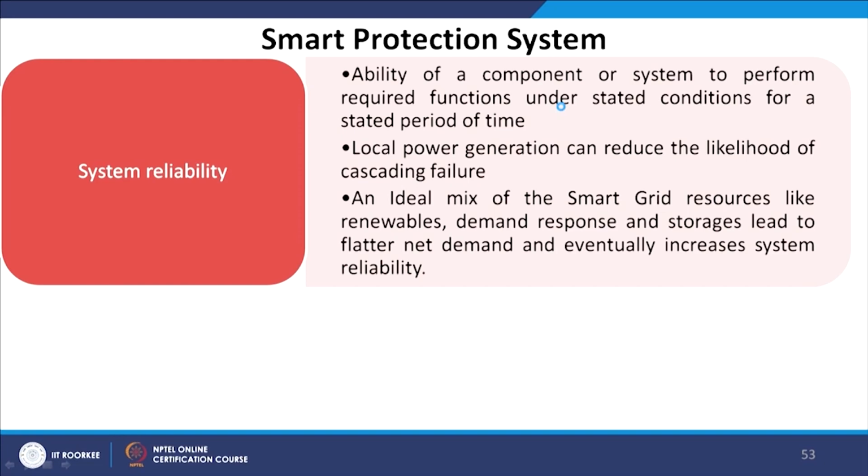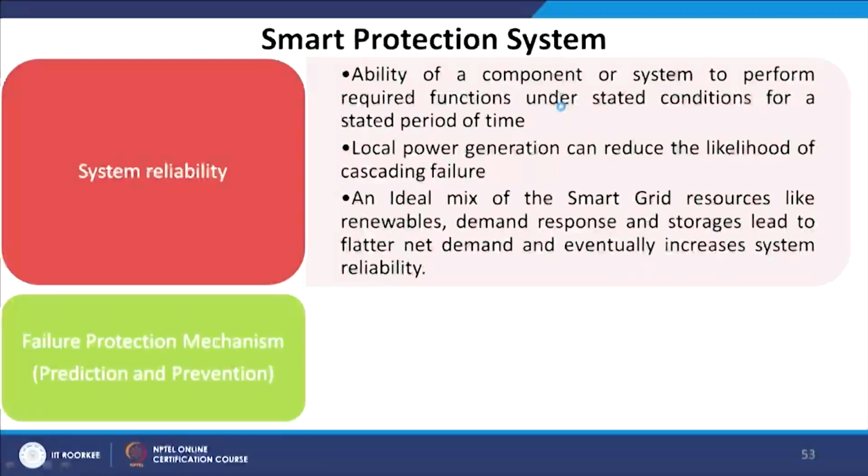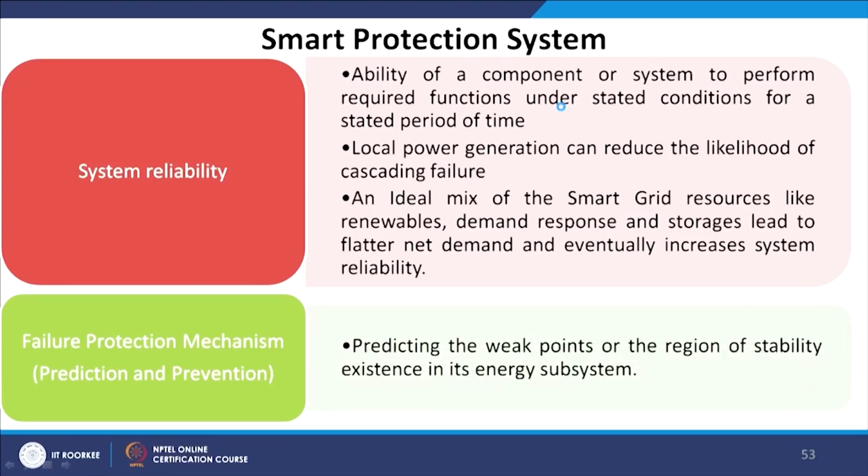An ideal mix of the smart grid resources like renewable, demand response and storage lead to flatter net demand and eventually increase system reliability. Failure protection mechanism, that is prediction and prevention, predicting the weak points of the region of stability existent in its energy subsystem.